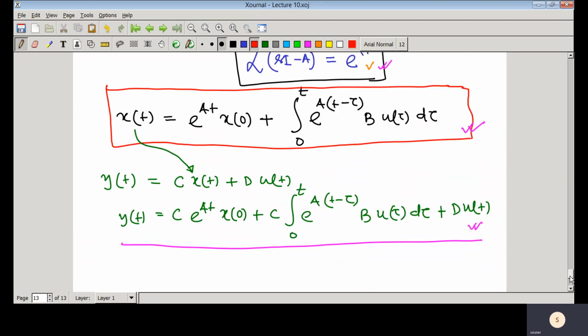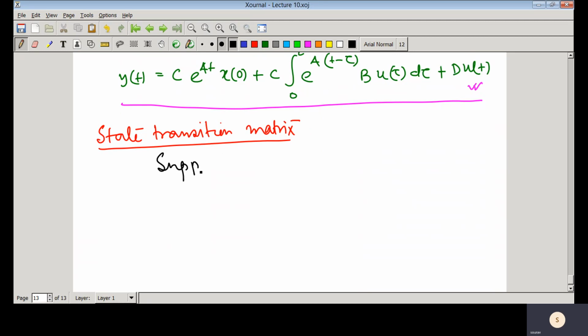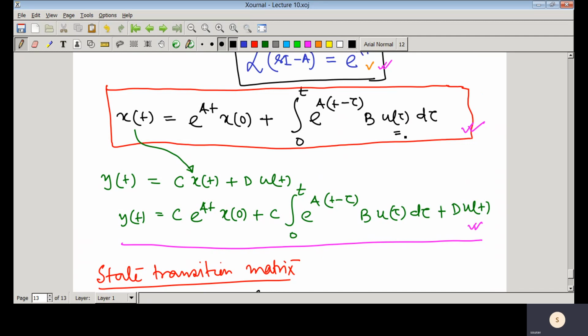We will discuss a little bit more on the state transition matrix, and we want to see why it is called the state transition matrix. Suppose u(t) equal to 0, that means no input is applied to the system. When u(t) equal to 0, this whole integral term would be equal to 0.